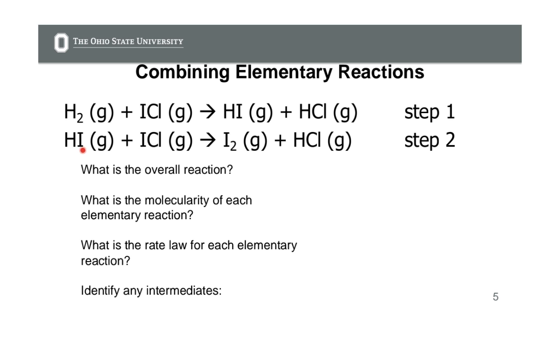Then I have HI and ICl forming I2 and HCl. So I have HI formed as a product in step 1 and used up as a reactant in step 2. So I'm going to cancel those, and immediately I know that that is going to be an intermediate. Okay.